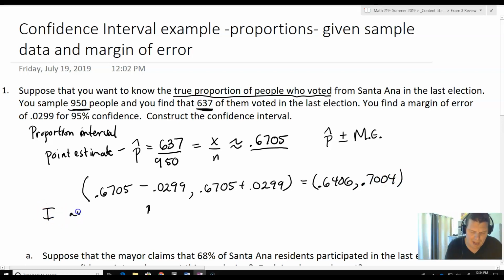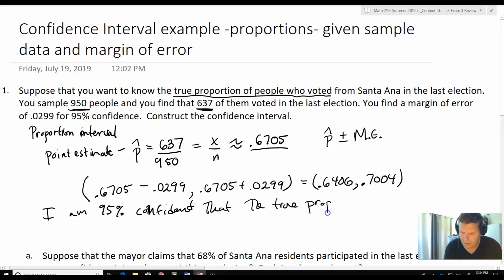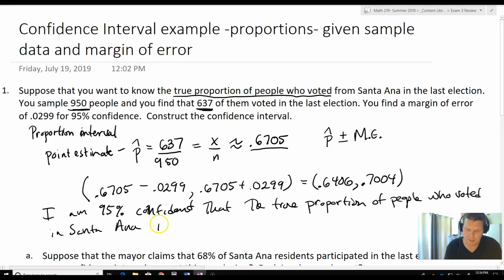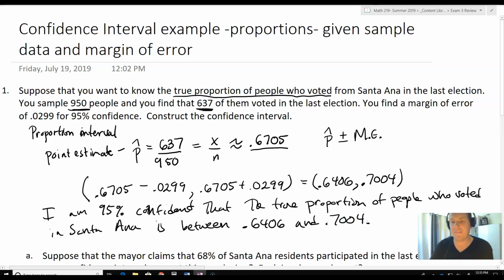And that statement is, I am 95% confident that the true proportion of people who voted in Santa Ana is between 0.6406 and 0.7004. Okay, so somewhere between basically 64 and 70%, right?